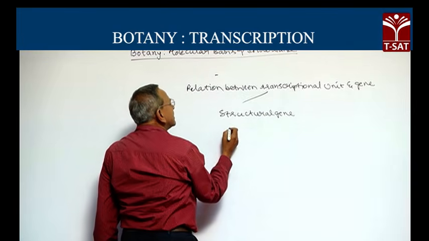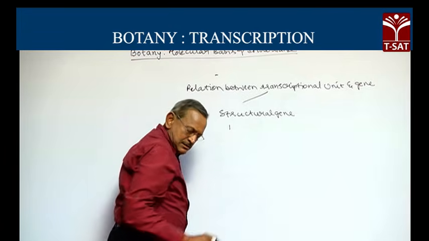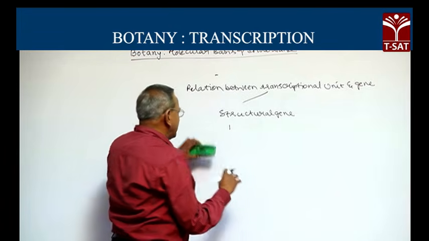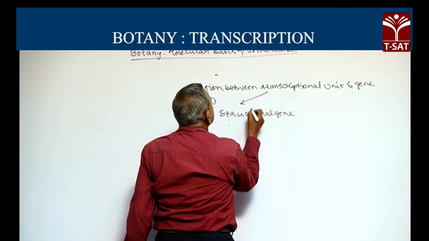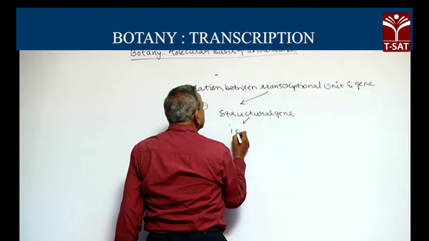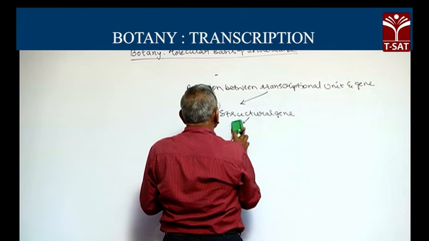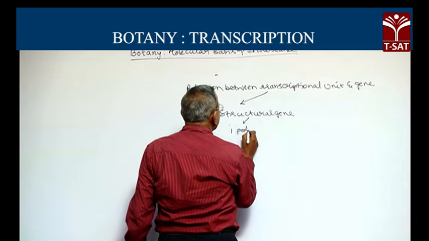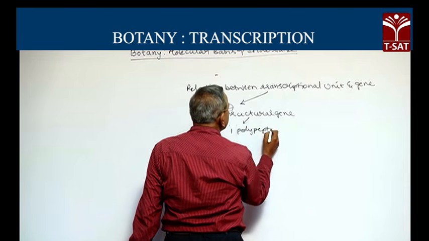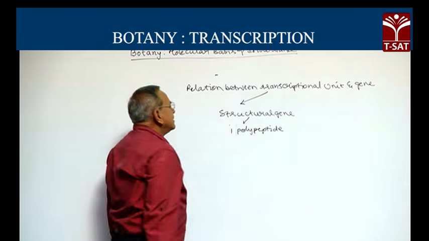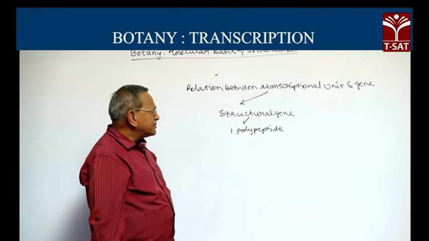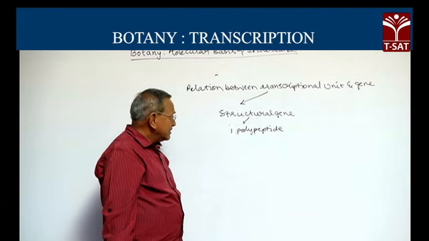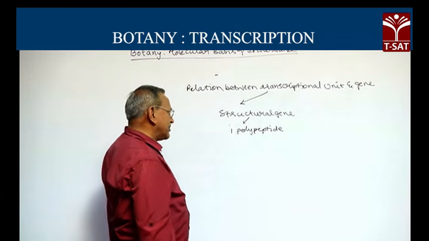This codes for one polypeptide. So a transcriptional unit is a structural gene, it codes for one polypeptide.